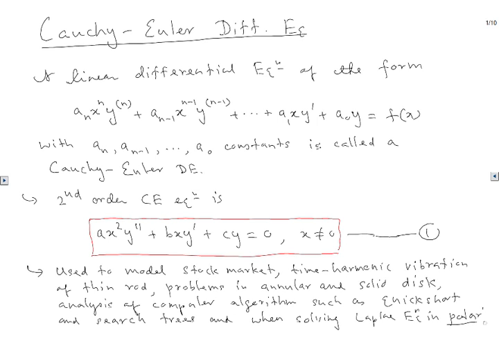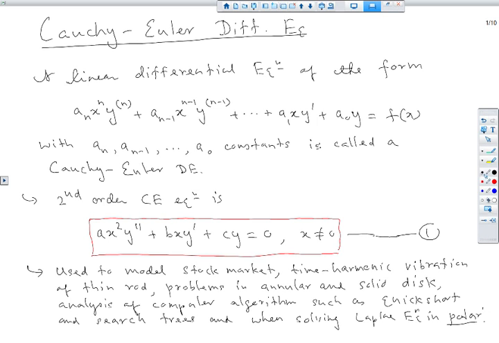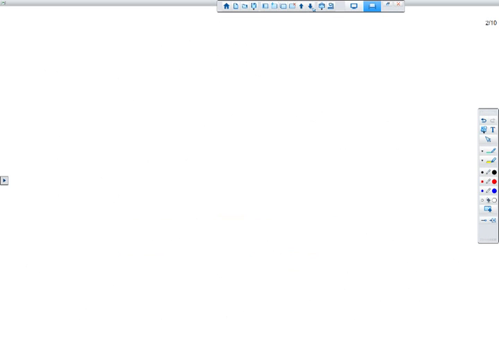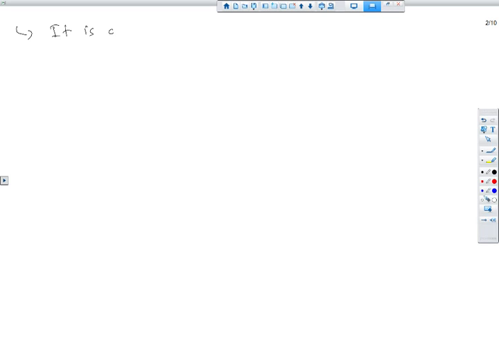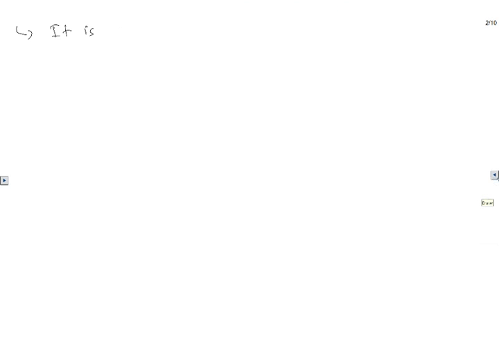How are we going to solve this one? We normally solve this equation using a special substitution.